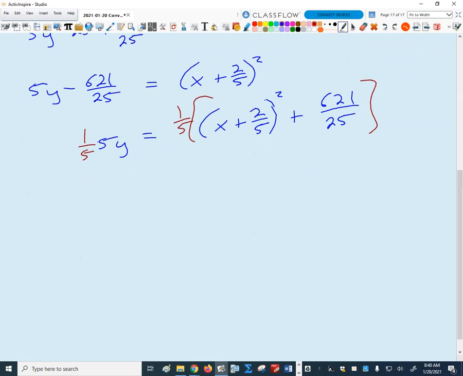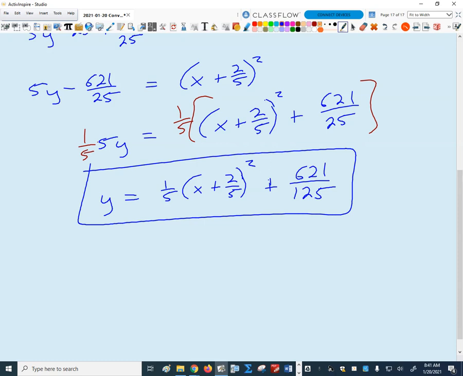That seems to me a little easier way to think about it. So we end up with y or f of x equals 1/5 times the quantity x plus 2/5 squared plus 621/25 times 1/5. I just multiply straight across and get 621/125. Okay? And that's our final answer.